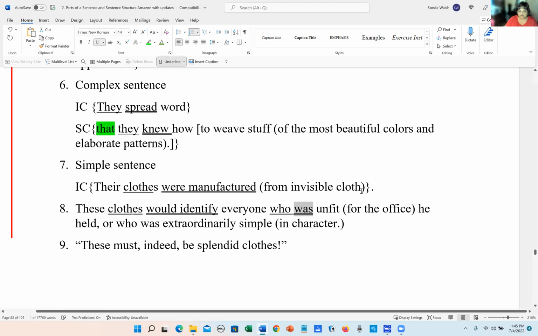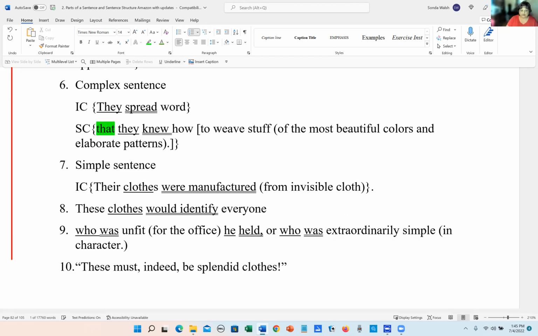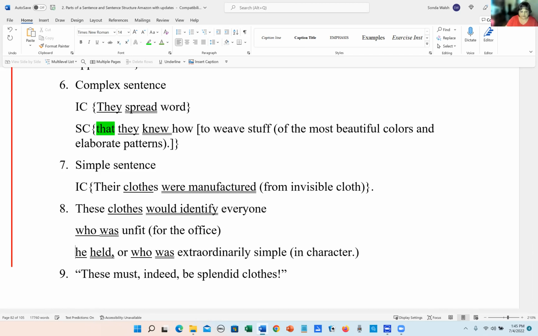"Unfit" is an adjective. "He" is a subject. "Held" is a verb. "Who" is a subject. And "was" is a verb. Okay, I'm going to break these out. "These clothes would identify everyone." "Everyone" is the object of "would identify," so I'm going to break the sentence right there. And then I'm going to break it right here because I don't want any more than one subject or verb inside. I'm going to break it at the comma.